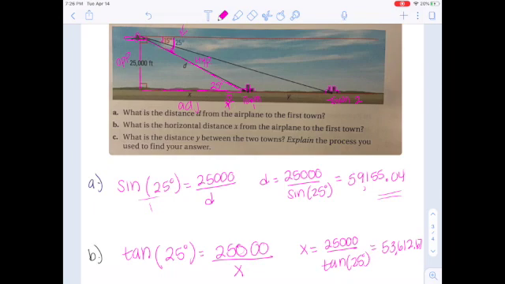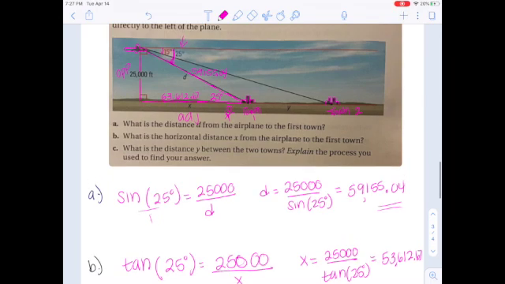All right, so let's label a few things. We've got 53,612.67 there. Your hypotenuse, I can delete that. That would be 59,155.04.